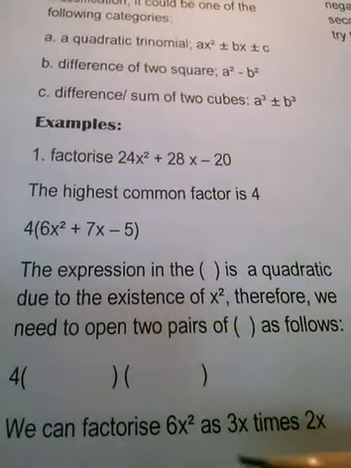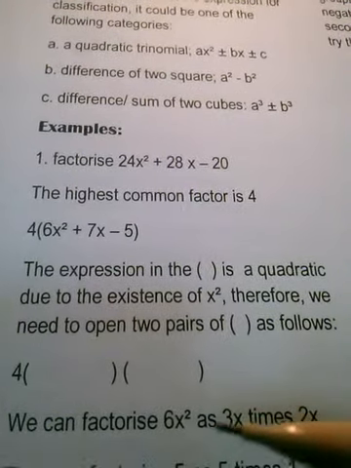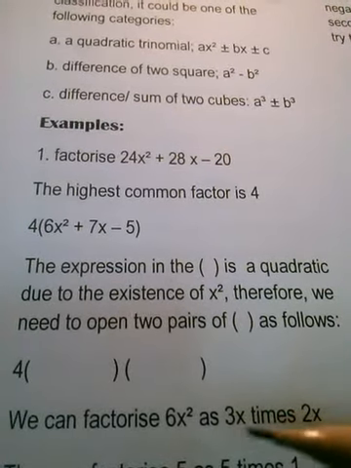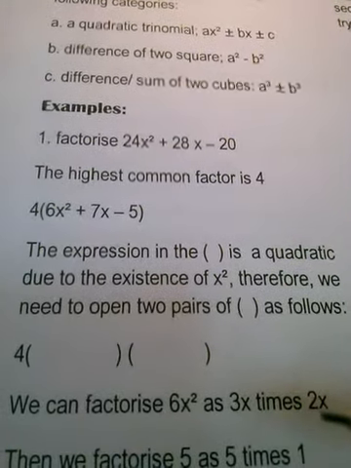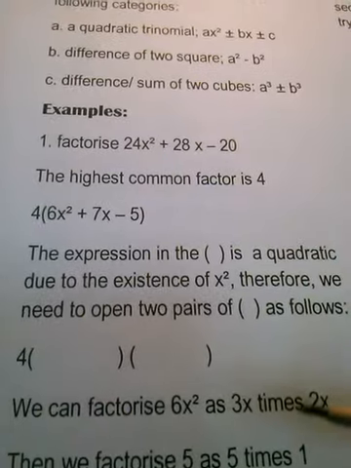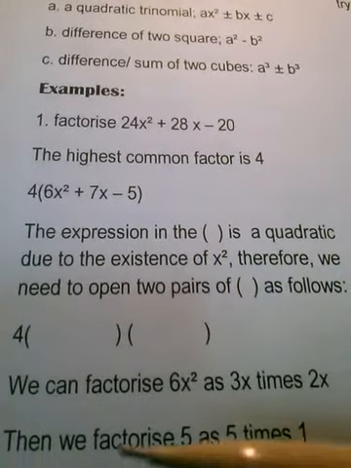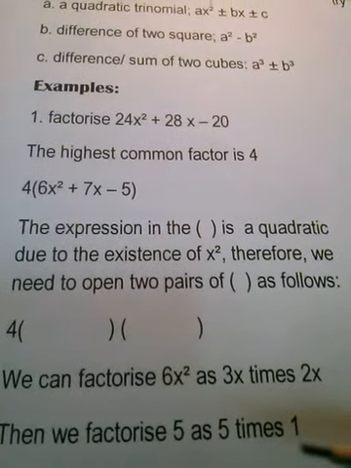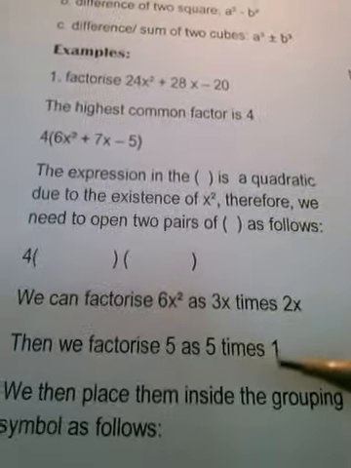The first term, 6x squared, we can factorize as 3x and 2x, because 3x times 2x equals 6x squared. Then we look at the last term, which is 5. We factor 5 as 5 times 1, because this is the only way to factorize it.